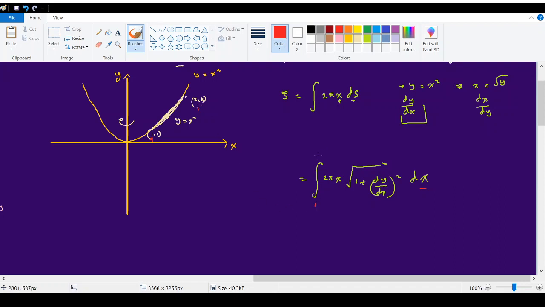Those are the important things that you should focus on. Once you have figured out the main formula, then it's just a matter of differentiating and substituting the correct terms.